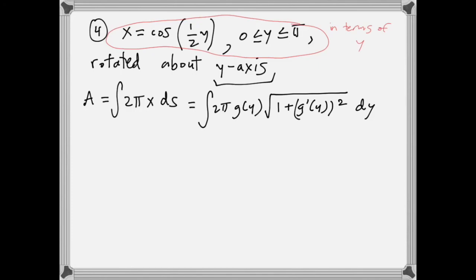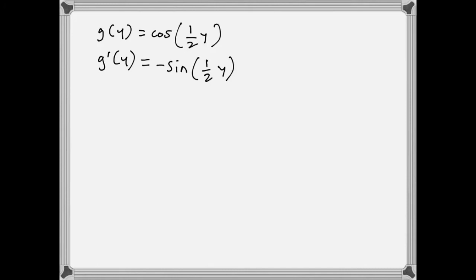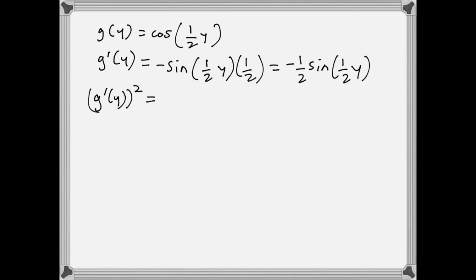So g of y is cosine of 1/2 y. So g prime of y is what? We need to do negative sine of 1/2 y, but then times the derivative of the inside, which is 1/2. So this is equal to negative 1/2 sine of 1/2 y. Next, we're going to take the derivative and square it. This gives us 1/4 sine squared of 1/2 y.